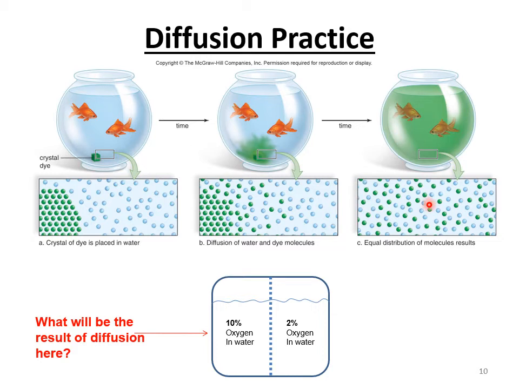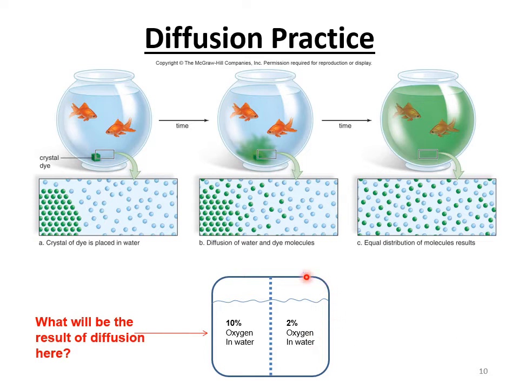That's now equilibrium. So when you have any problems focusing on diffusion, we can give you a concentration of solute in one spot and tell you the concentration of the solute in another spot. And we could ask you, well, where would the movement be? What would the final result be?